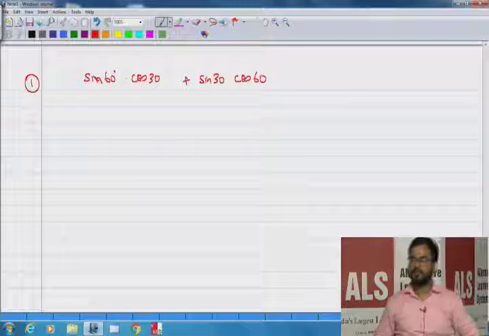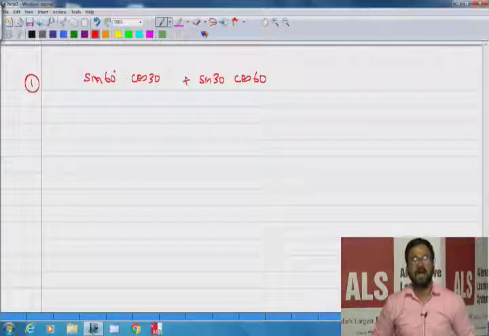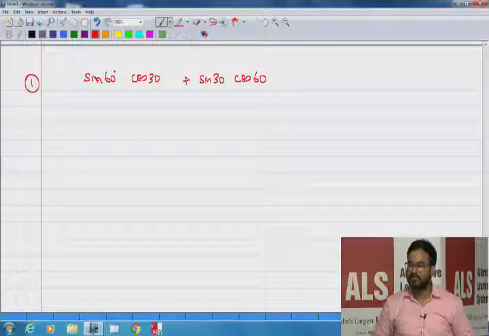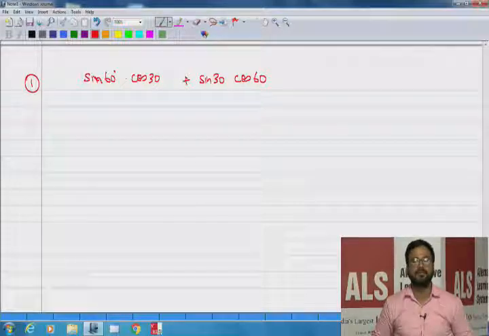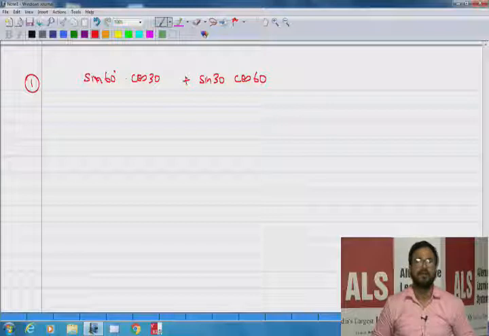Shillong Center, I am able to see one classroom, but I don't think that this is your classroom. The person sitting in the blue in the front, is this your center, Shillong?